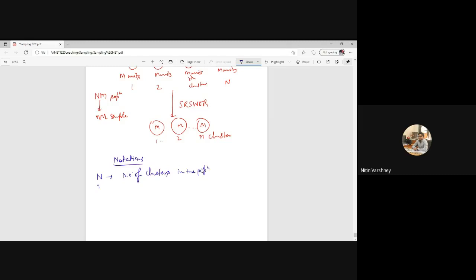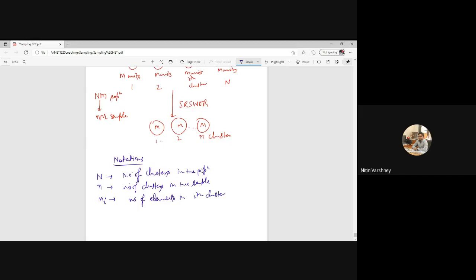Second one is small n, the number of clusters in the sample. Then mi. Mi is what? The number of elements in the ith cluster.